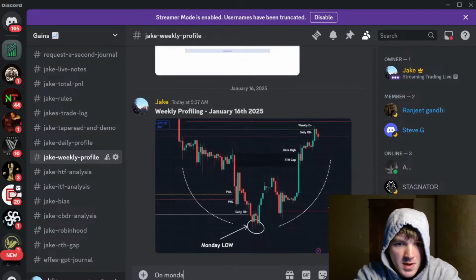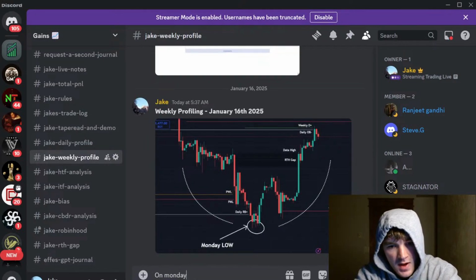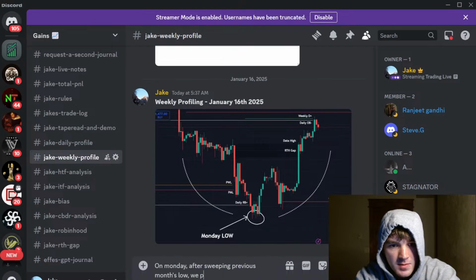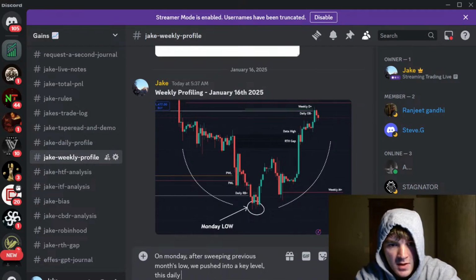On Monday, after sweeping previous month's low, we pushed into a key level, this daily rejection block.